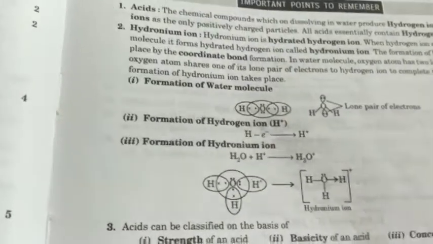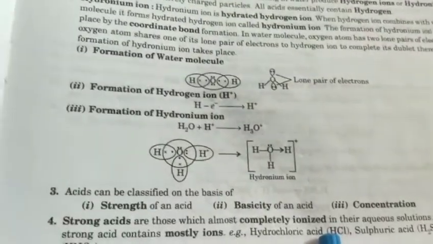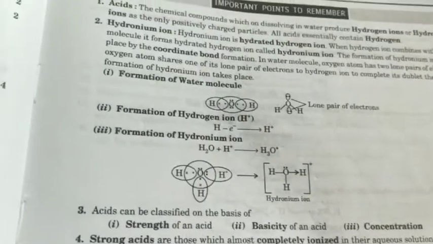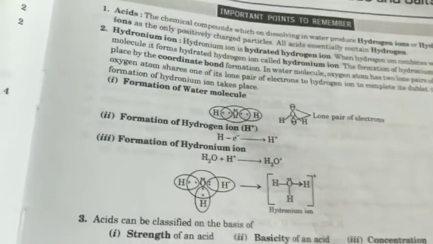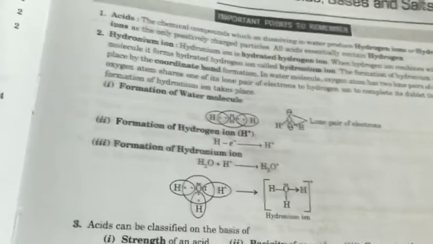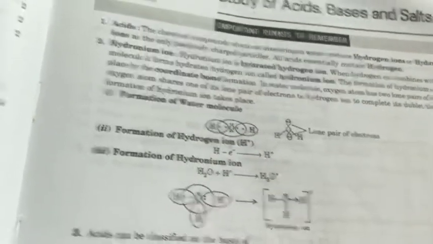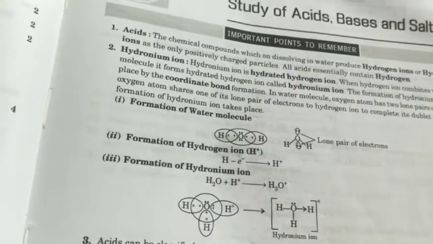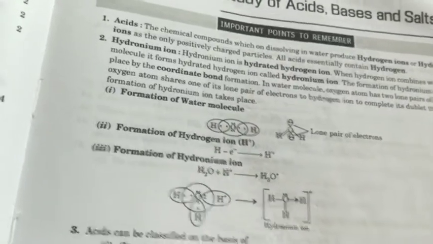Now, what is the definition of weak acid and strong acid? First of all, I am explaining strong acid. Those which are almost completely ionized. What is the meaning of ionized? That means after it comes in contact with water, it doesn't contain molecules. It furnishes only ions; it is separated into ions.